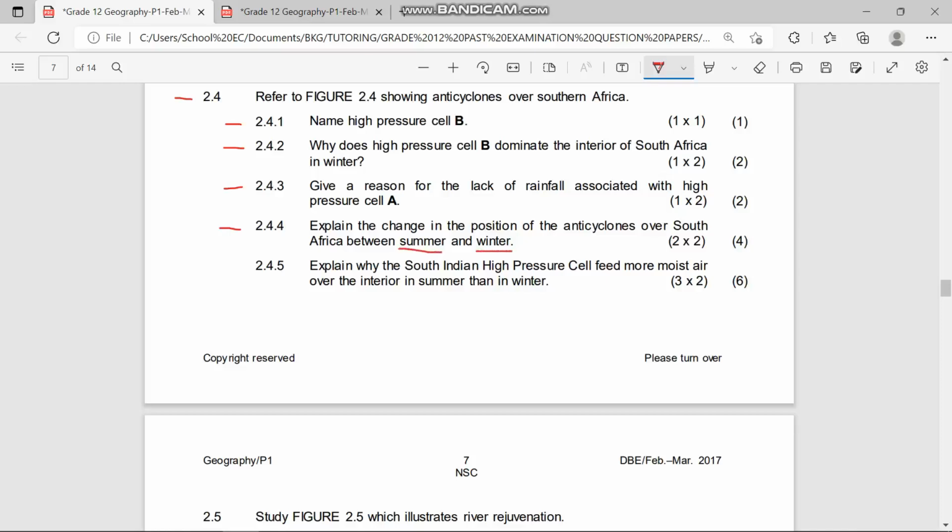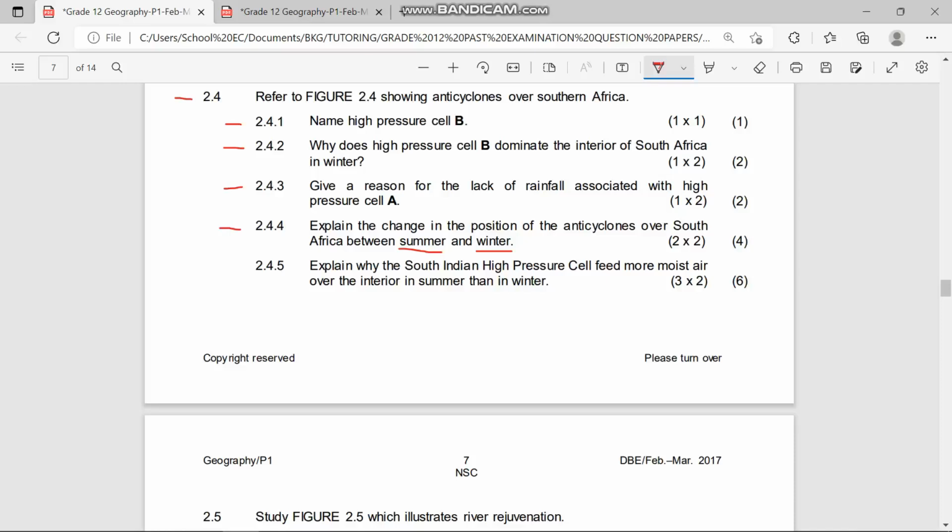You know the fact that anticyclones in summer are away from South Africa, meaning that they are absent, and in winter, in the interior of South Africa, anticyclones are dominant, are present. What causes this? Our question says, explain the change in the position of these anticyclones in winter and summer.